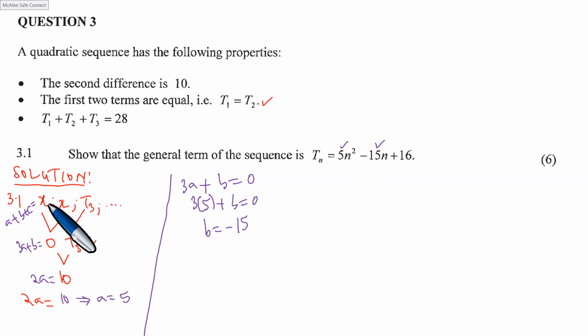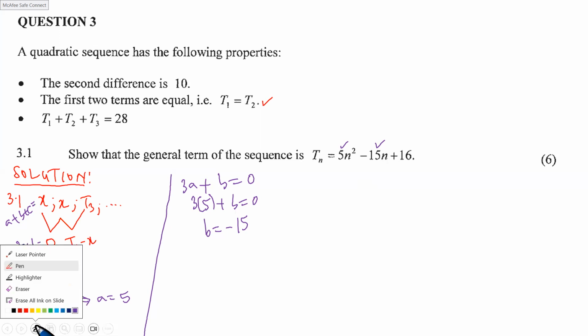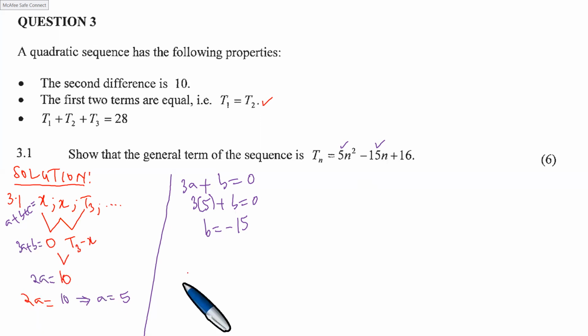So c is the tricky one, because we need to find the value of c. To find it, we need to use the equation a plus b plus c equals x, because that is the equation we always use.